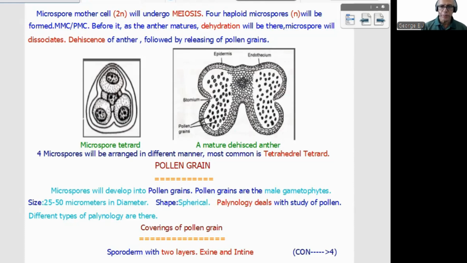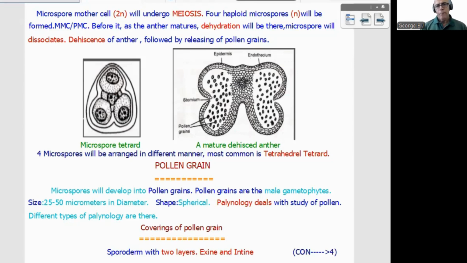Microspores, on further development, convert into pollen grains. Pollen grains are supposed to be the male gametophyte of plants. According to the size of the pollen grain or your microspore, we can say 25 to 50 micrometers in diameter. Shape will be, for microspores, usually spherical.